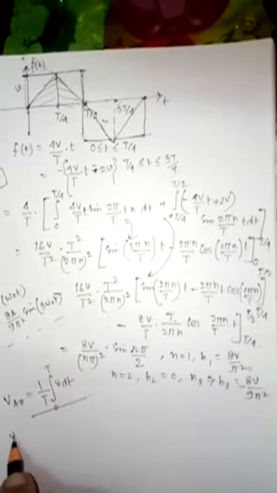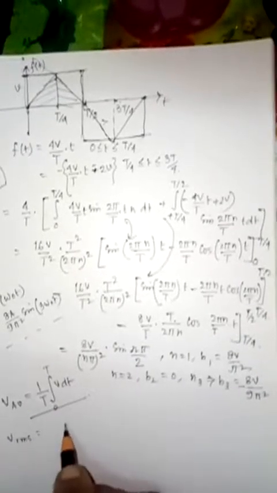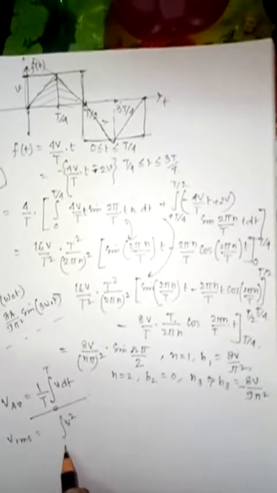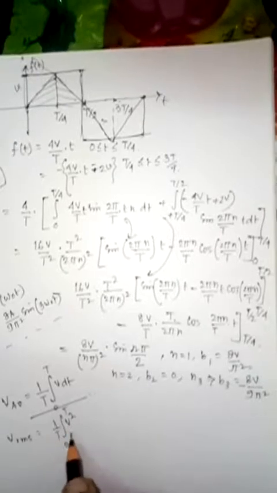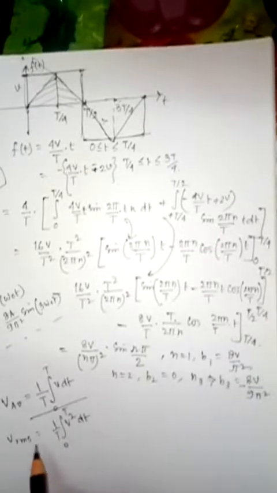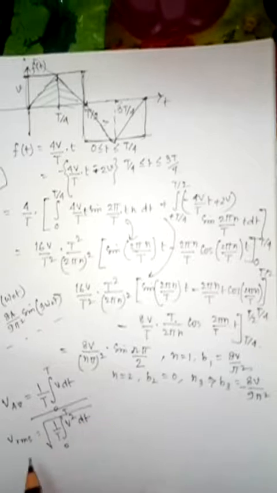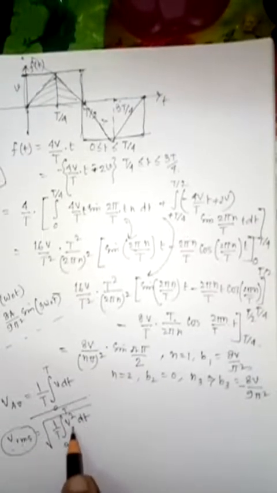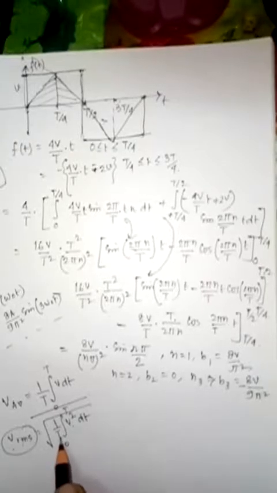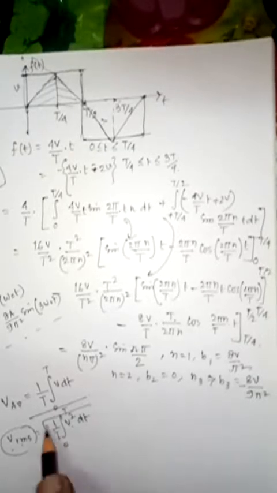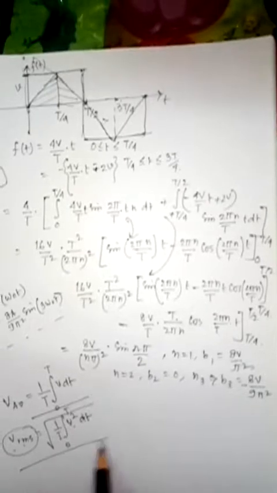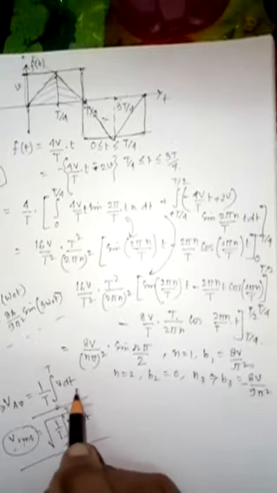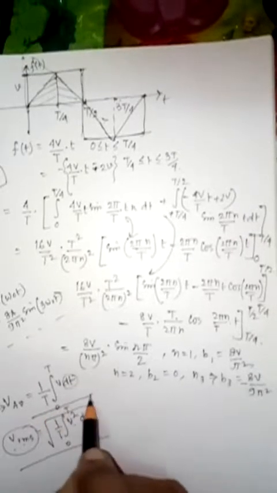But if you are taking V RMS, it is V square, then mean, and finally root. That is called the VRMS, root mean square. First you take the square, then the average, the mean. After the mean you take the root, so it will finally be the VRMS. But here it is a V average, just simply adding V1, V2, V3 and the different things with respect to dt, and finally you take the average.